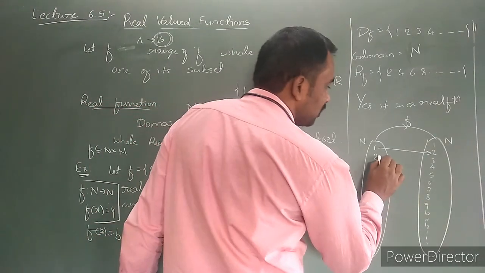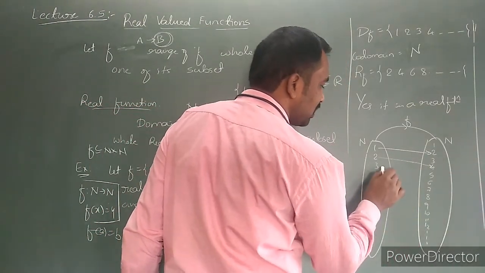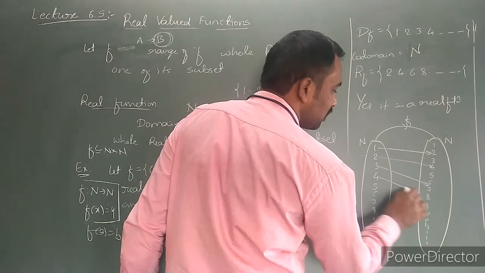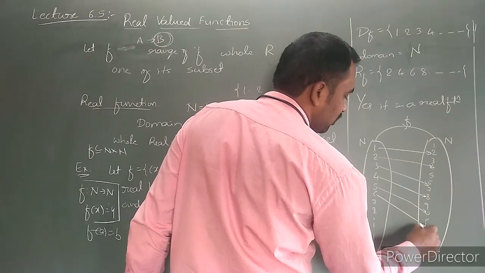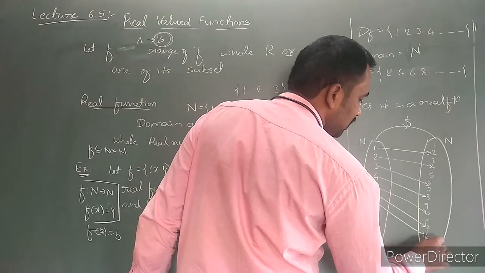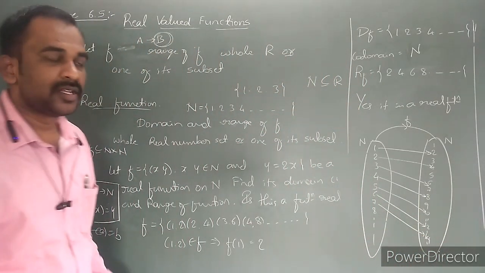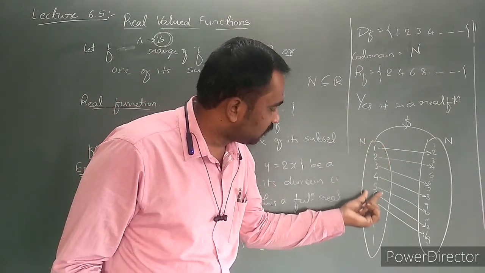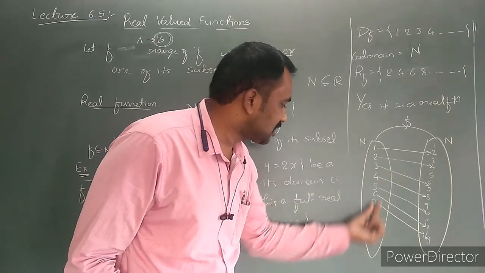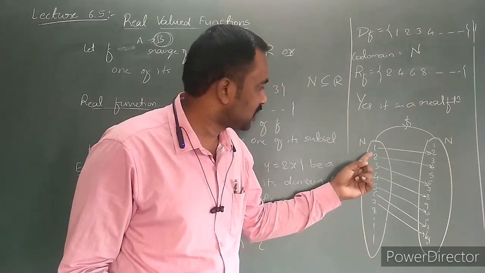Next (2, 4). Next (3, 6). Next (4, 8). Next (5, 10). Next (6, 12). Next (7, 14). Like that it continues. So observe that. What is the definition? Every element of the first set, set A, has only one image. Check it.